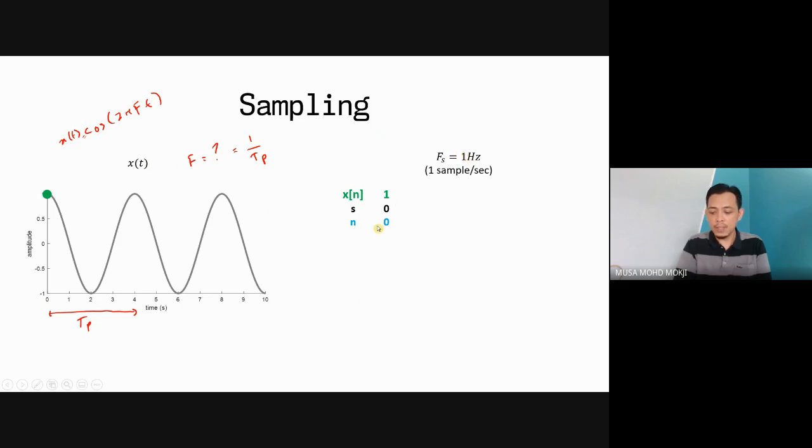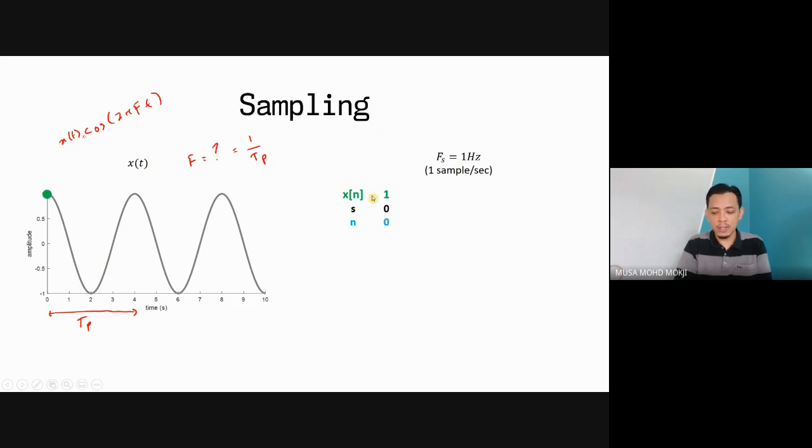We are indexing starting from zero, so this is the sample at index 0. Hopefully you don't get confused. This is the first sample, but we index it with 0. This is at 0 seconds.